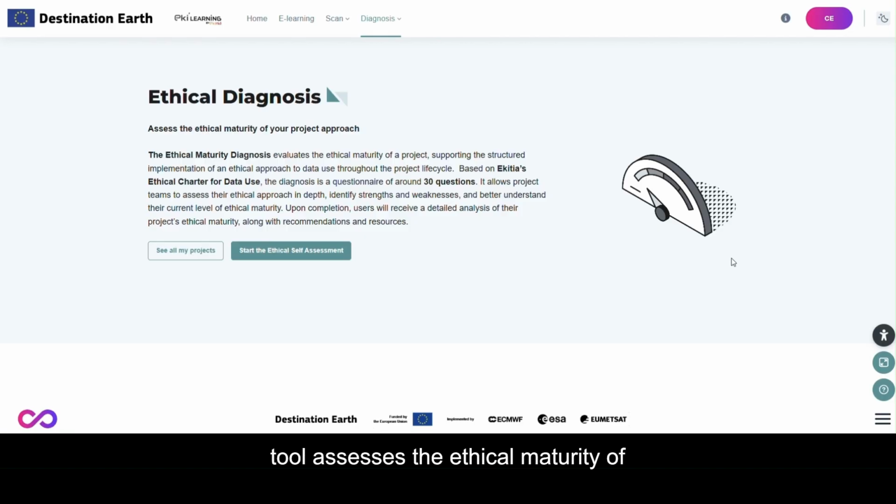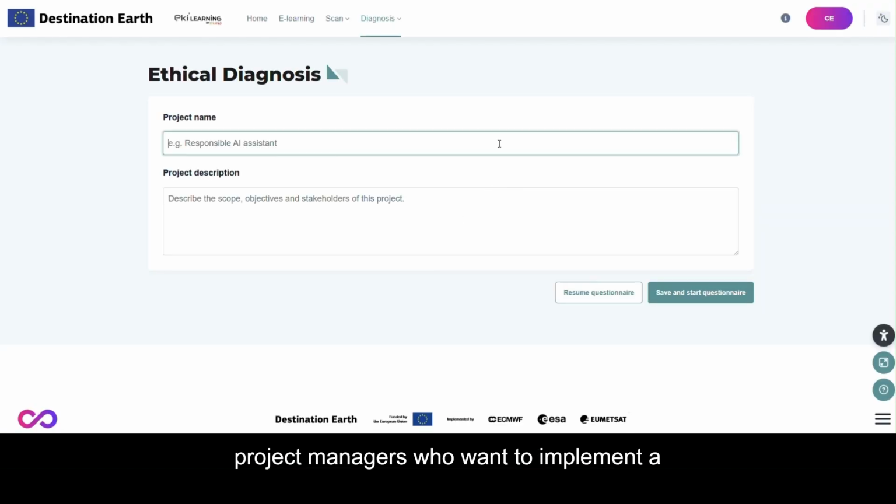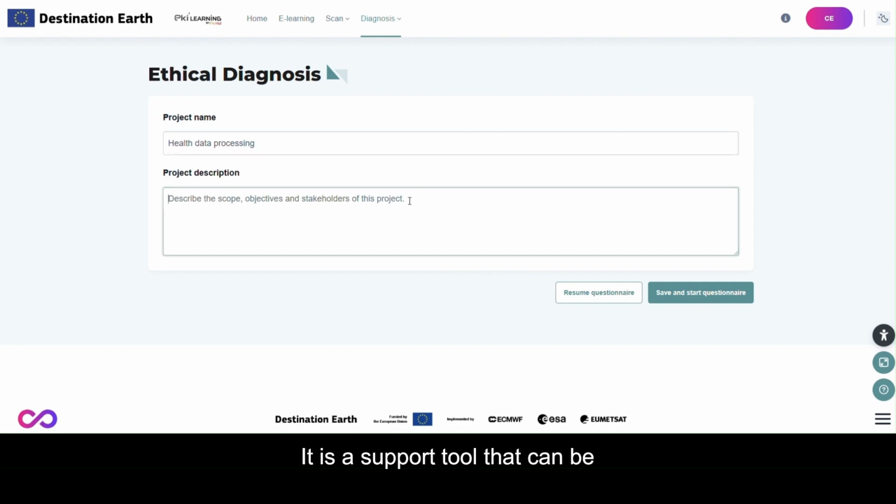This tool assesses the ethical maturity of your project approach. The ethical diagnosis is designed for project managers who want to implement a structured ethical approach to data use throughout their project. It is a support tool that can be used at any stage of the project lifecycle.